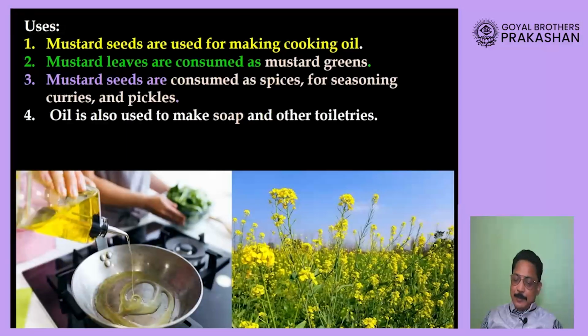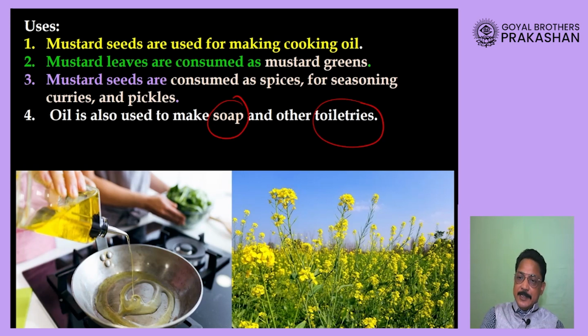Then another use is that they are added in many spices for seasoning curries and pickle, which means adding taste to curries and pickle. We can also use this oil for making soap and toiletries. Toiletries means the materials that are required for washing purposes. And of course, the oil seed, after the oil is extracted, will be utilized for making silage.